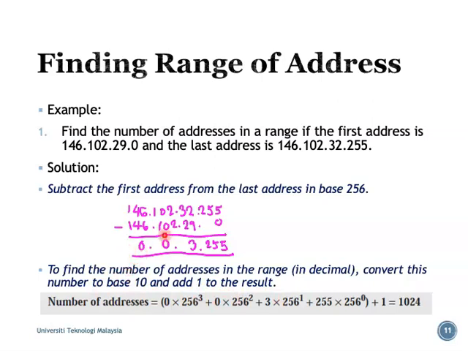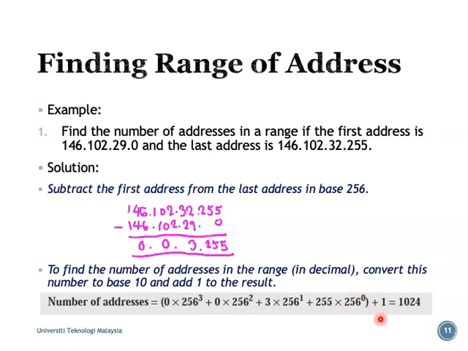So first 0 here is multiplied by 256 power of 3, because this is what we call dotted decimal in base 256, and this 0 is multiplied with 256 power of 2, this 3 multiplied with 256 power of 1, and this 255 multiplied by 256 power of 0, which is 1.